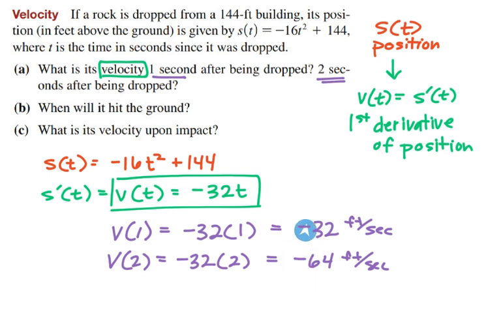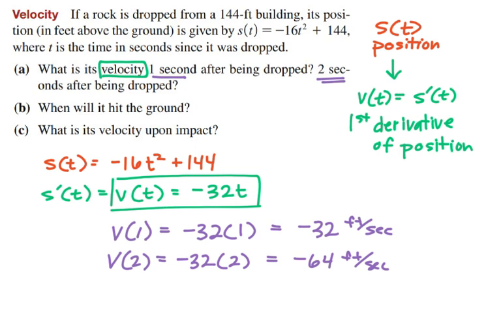Thinking about that negative value here, velocity can be negative, and that indicates that this rock is falling. We have dropped it from the top of a building. As it falls, at 1 second it's moving 32 feet per second downward. After 2 seconds, it's moving faster, and that's because gravity causes acceleration.